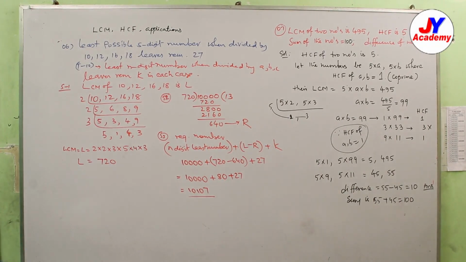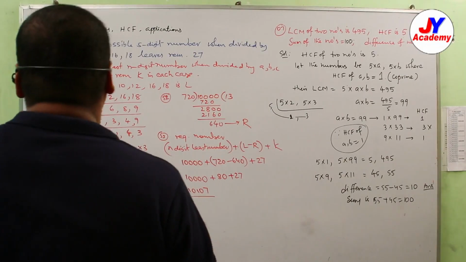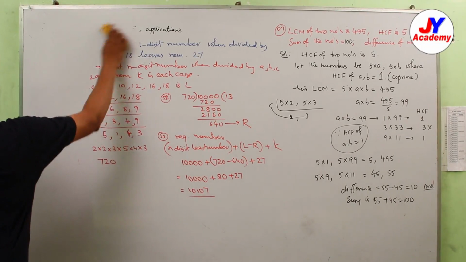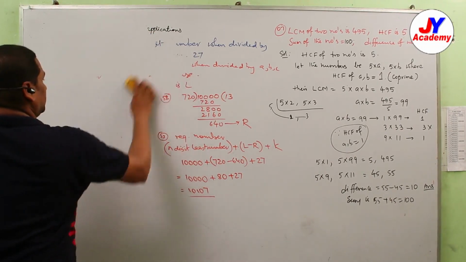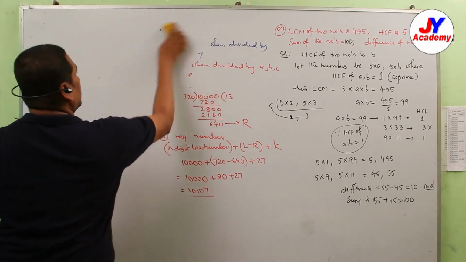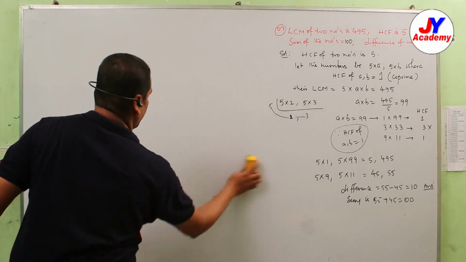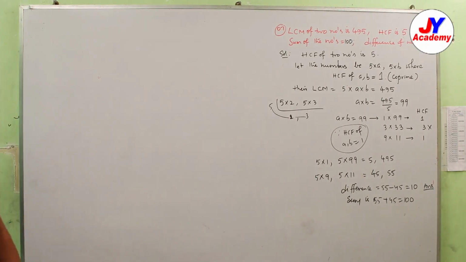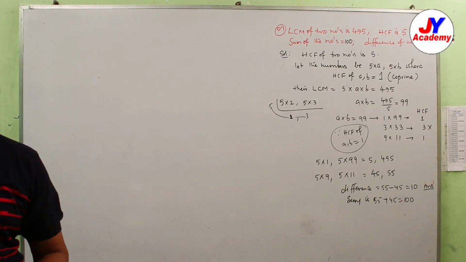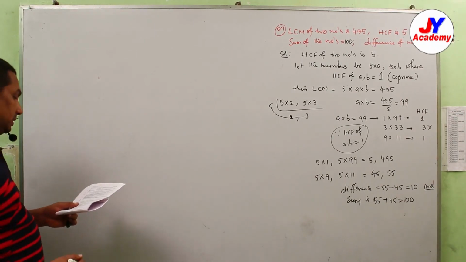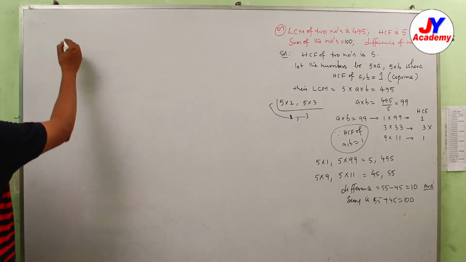So now we'll see one more model. LCM of two numbers is 45 times their HCF.